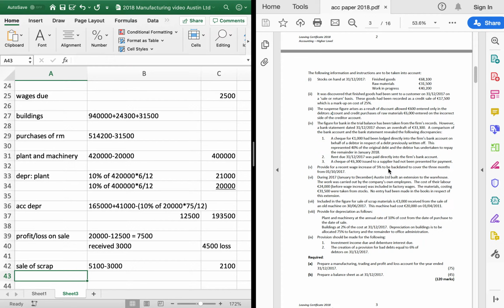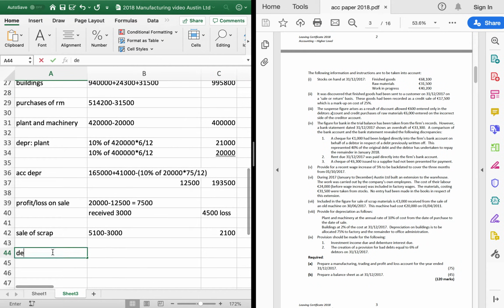Buildings are depreciated at 2% of cost on the 31st of 12. So buildings have changed. So it's going to be this number here: 940 plus 224.3 plus 31.5. So it's 995,800.